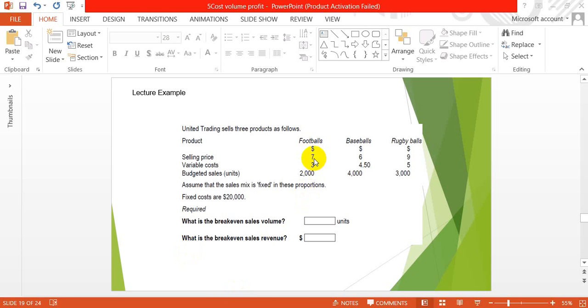So the contribution for the football will be 7 minus 3 equals 4. Baseball 6 minus 4.5 equals 1.5. And the rugby 9 minus 5 equals 4. Then these contributions, we multiply them by the units.